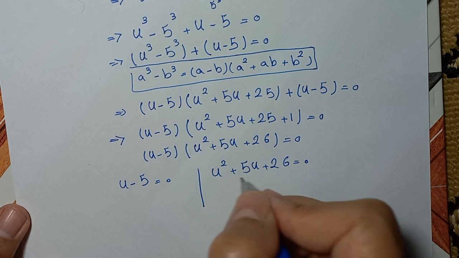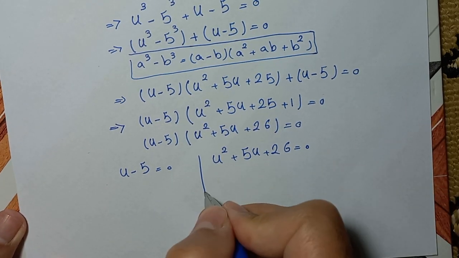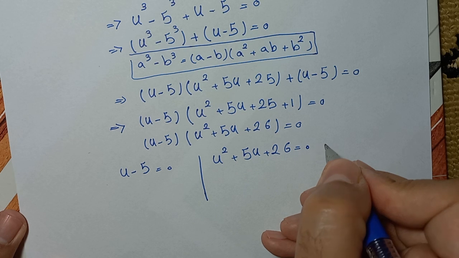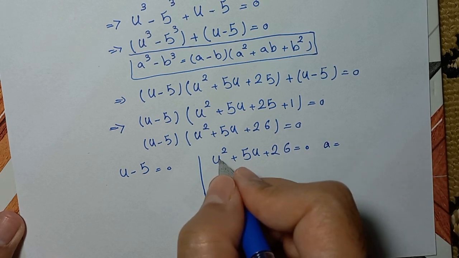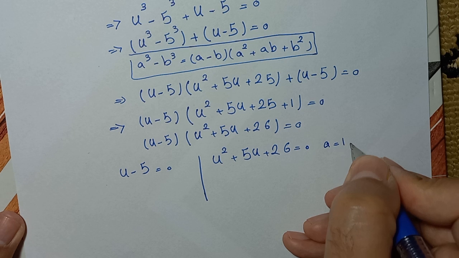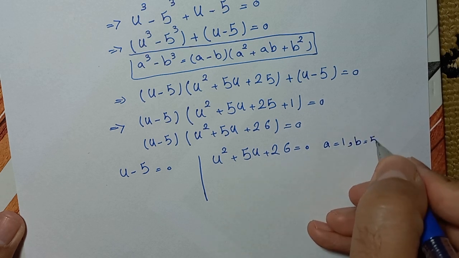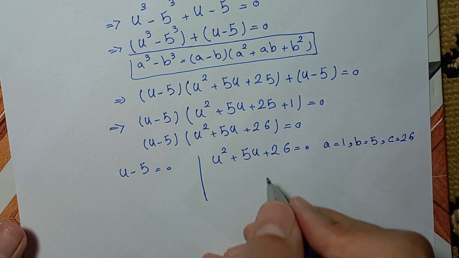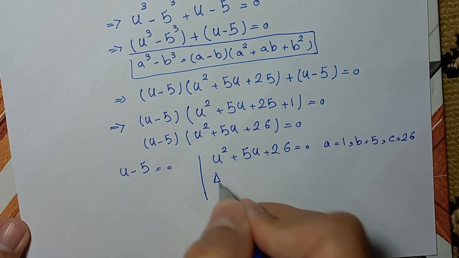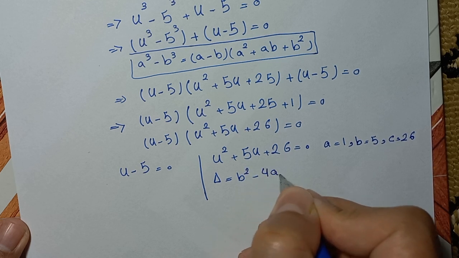So in here we have quadratic equation, and in here, from quadratic equation formula, a is coefficient of u square is 1, and b is coefficient of u is 5, and c is constant is 26. So in here delta is b square minus 4ac.